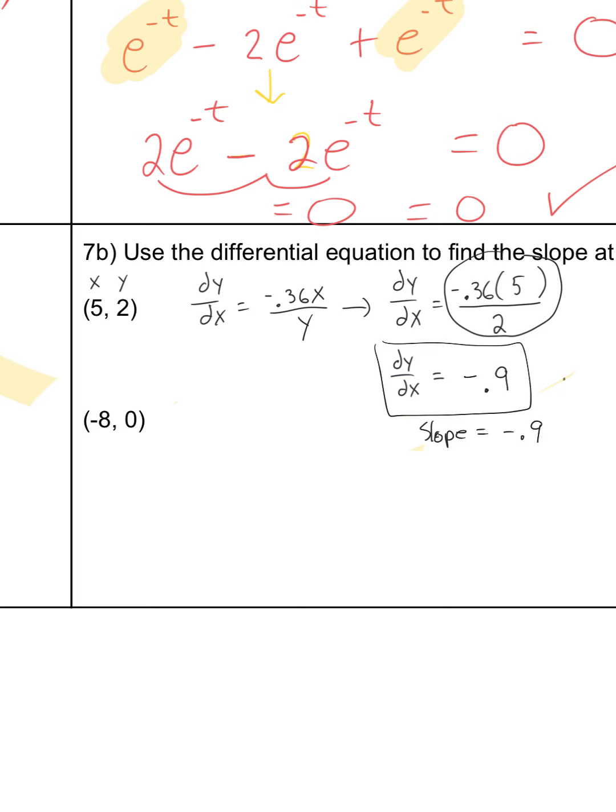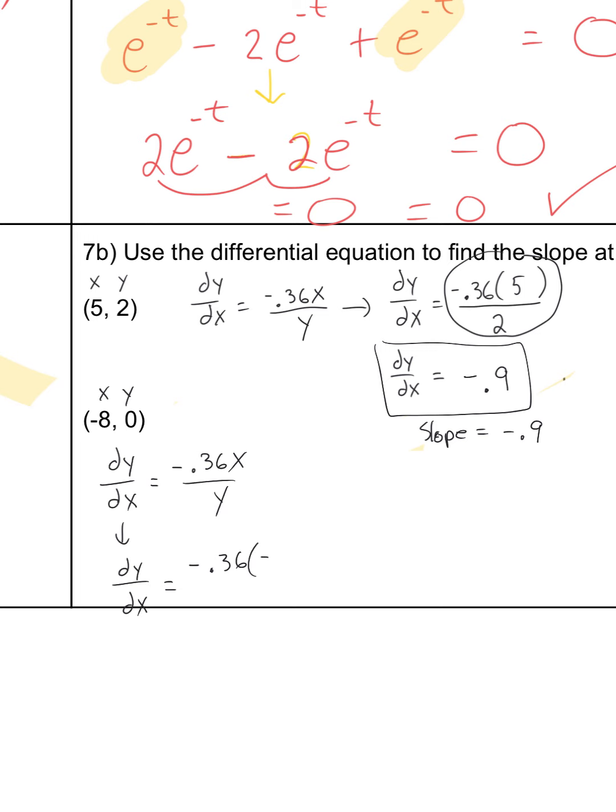Okay, one more. We take this point and plug it in. We take our differential equation that was given to us in part A, the original one, not after we separate and integrate it. We want to keep dy dx there when we're asked to find the slope, negative 0.36x over y. So now this comes down, dy dx, and we plug in our x on top.